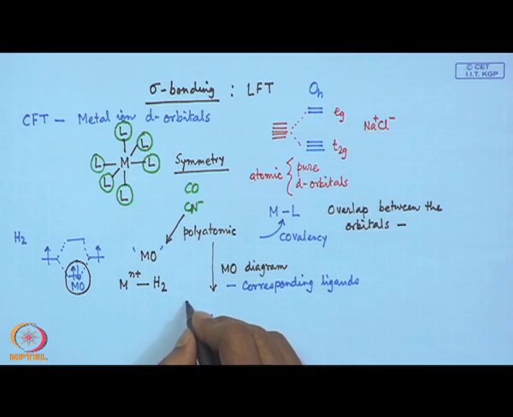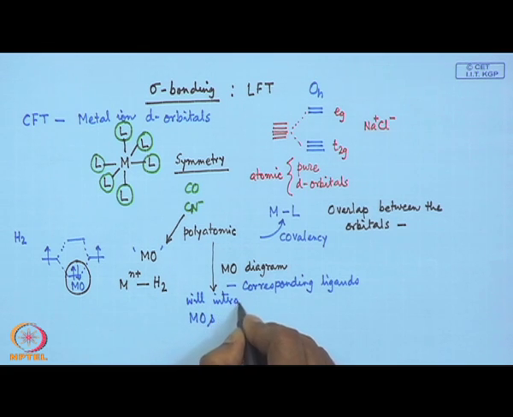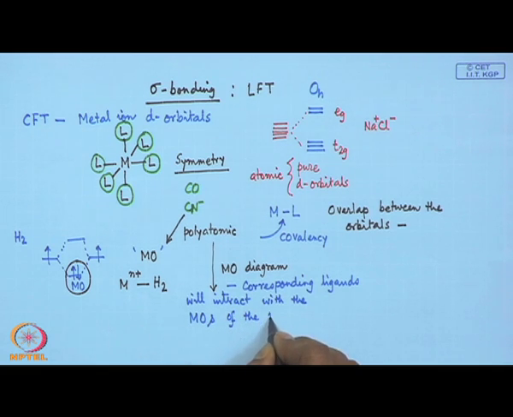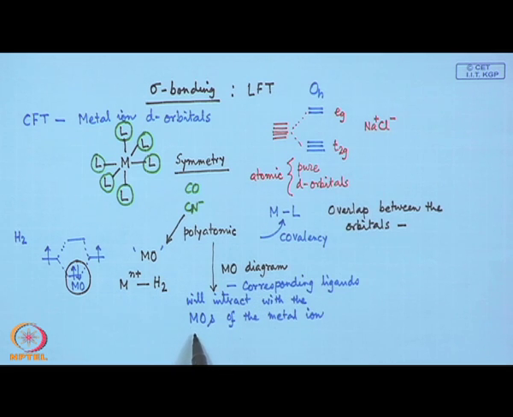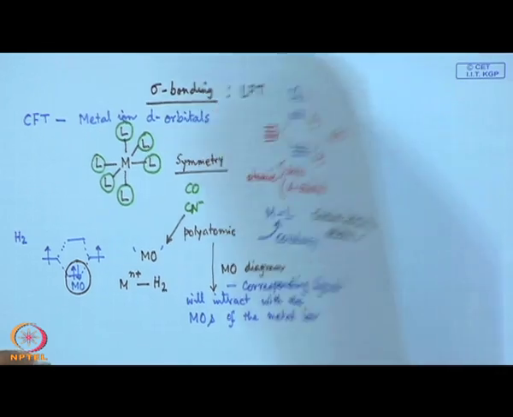So, they will interact with the molecular orbitals of the metal ion. The metal ion should also provide some molecular orbitals instead of the typical atomic orbitals like the pure d orbitals. So, we should now have the corresponding molecular orbitals from the metal side at the same time.